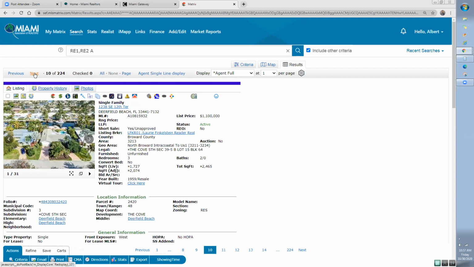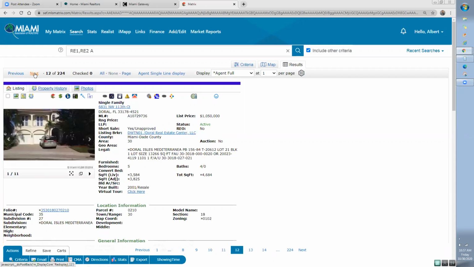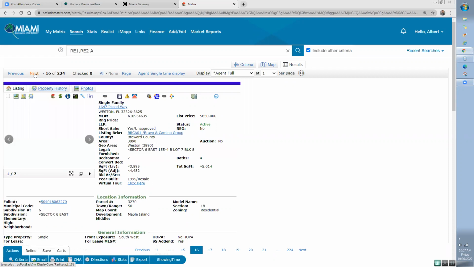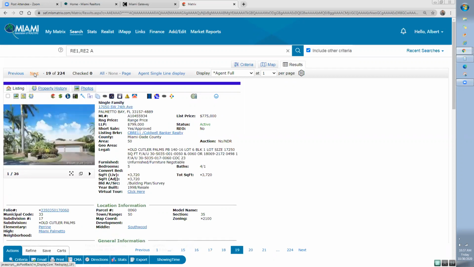Let's see if we can find one. Okay, see this one? It says yes, approved. That means that the bank has already approved a price range of 775 to 799 on this property. See how it says range price? If there's an offer made within the range of 775 and 799, the short sale will be approved.